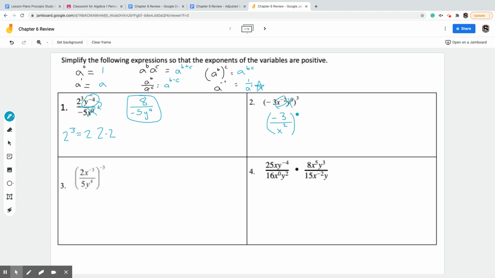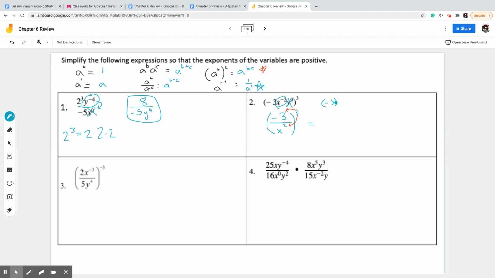Now, this entire thing is raised to the 3rd power, which means everything on the inside is being raised to the 3rd power. So this one, that's negative 3 to the 1st being raised to the 3rd power. And this x squared is being raised to the 3rd power. And we're going to recall when I have an exponent on the outside, what I'm supposed to do with that. Well, let's recall.